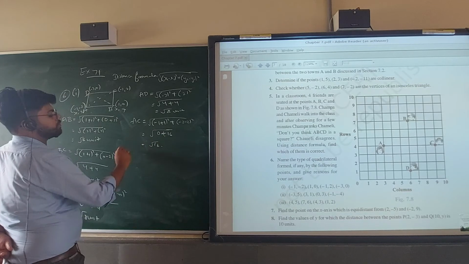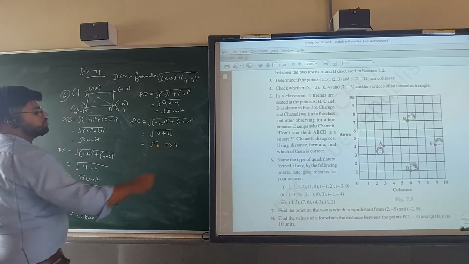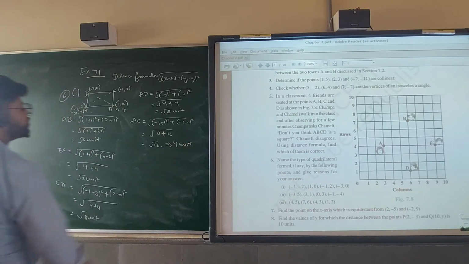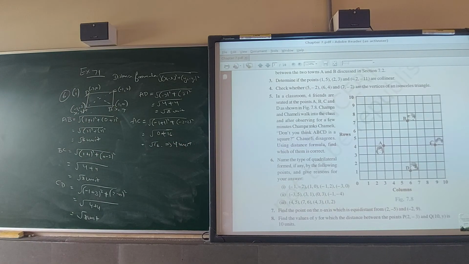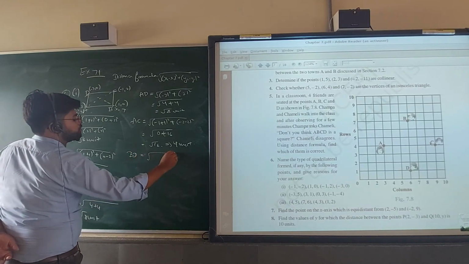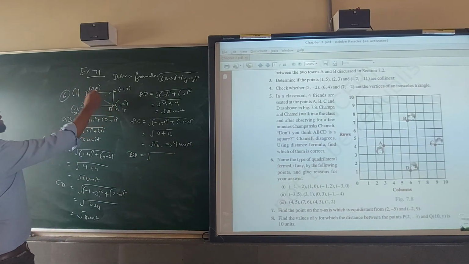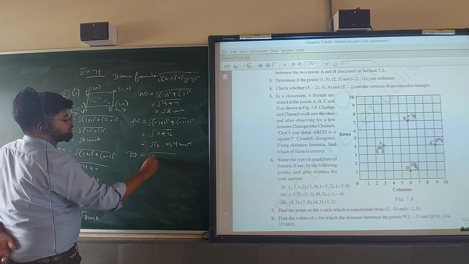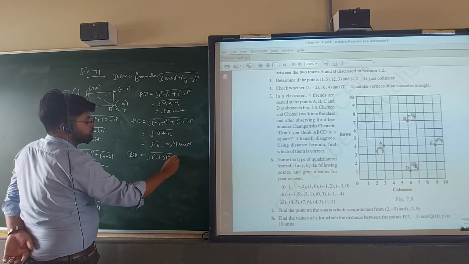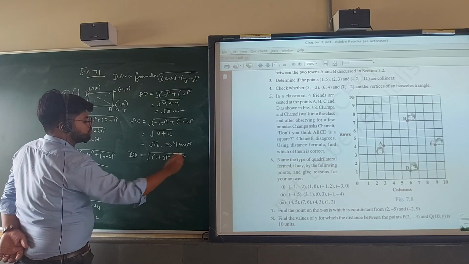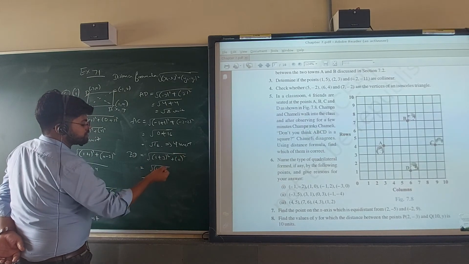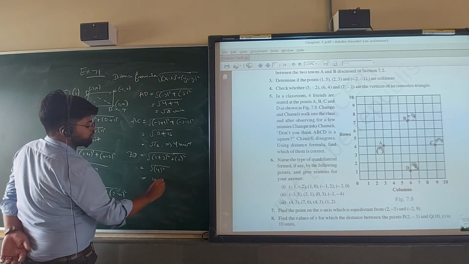So root 16 coming means 4 unit. And find BD also. This one 1 minus -3 will be 4, and 0 minus 0. Again 4 square, 16, and the answer will be 4 unit.